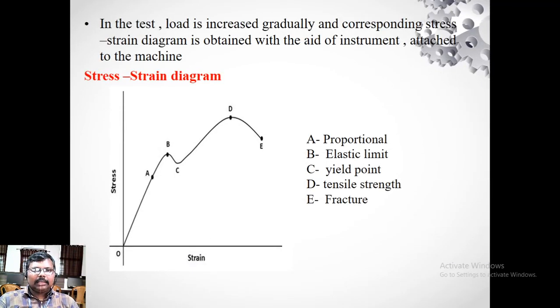In the test, load is increased gradually and the corresponding stress strain diagram is obtained with the aid of an instrument attached to the machine. This is a stress strain diagram for ductile material.